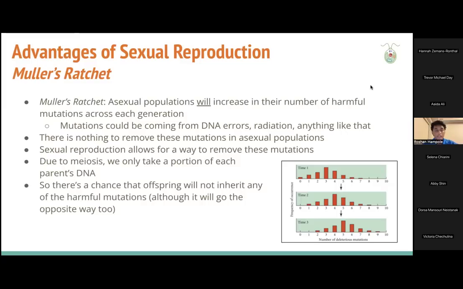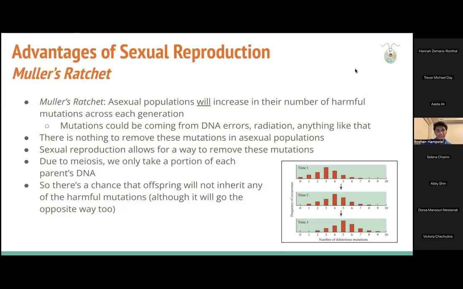With asexual populations, there's no way to get rid of these accumulated mutations. What sexual reproduction does is add a way to remove them. Due to meiosis, we only take a portion of each parent's DNA, half from your mom, half from your dad. Whenever this happens, there's a chance that each gamete will only take the DNA that doesn't have any of these mutations, so they won't inherit these accumulated mutations from each parent.